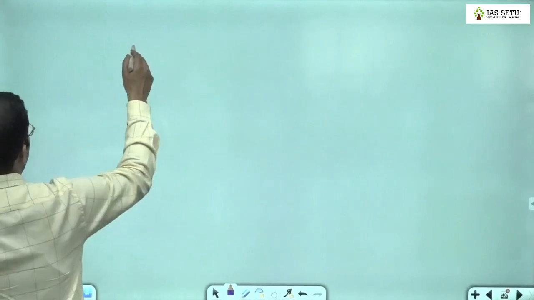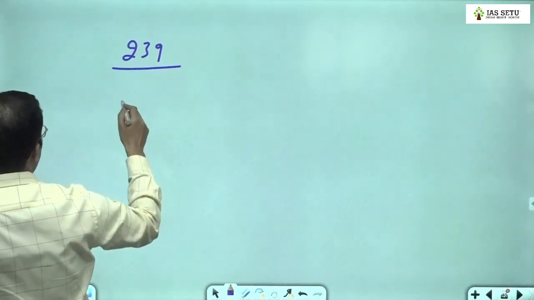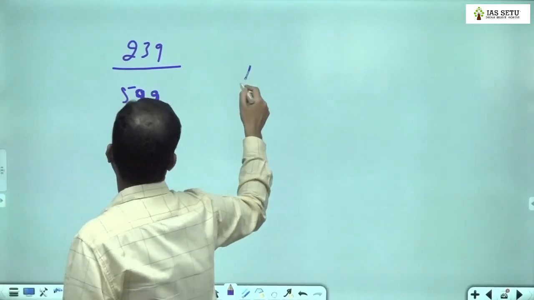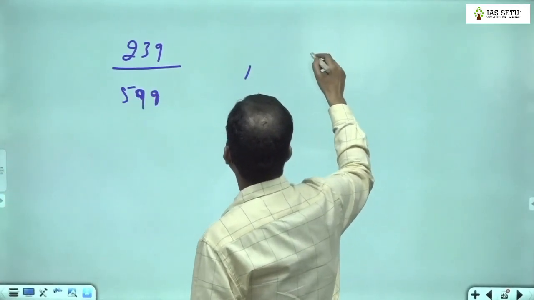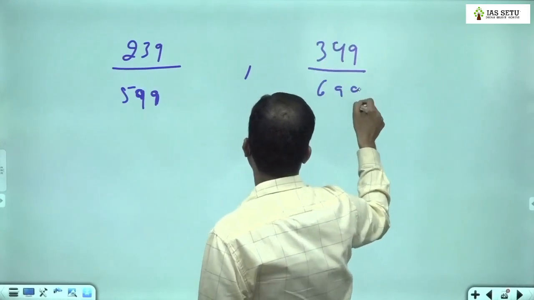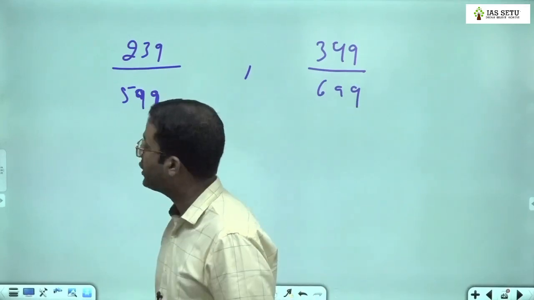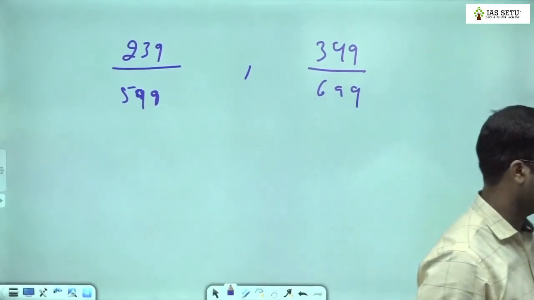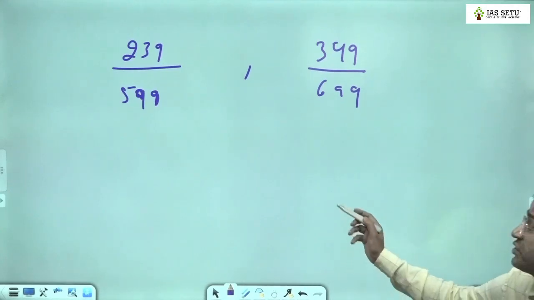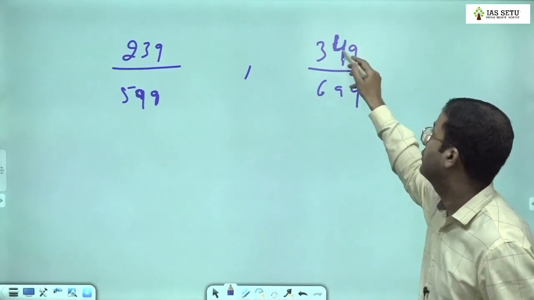Like for example 239 upon 599, 349 upon 699. Take your time. Out of these two fractions, which one is larger?